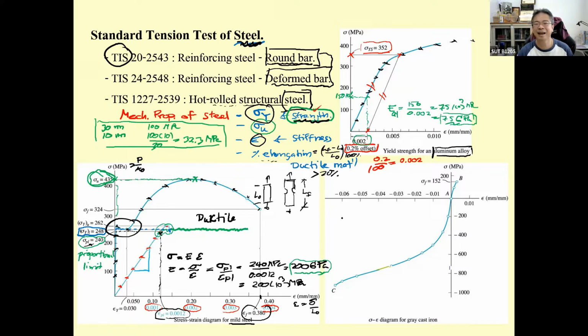Okay, and then the sigma sub u, you can also determine from the highest stress that occurs in the graph, and the percent elongation, you can also do so. The aluminum is also a ductile material, and can deform a lot before it fails.